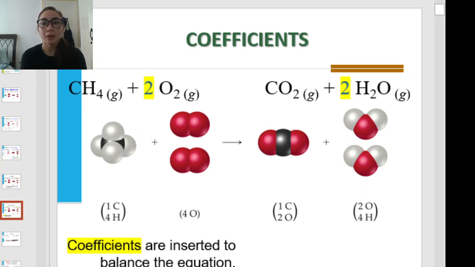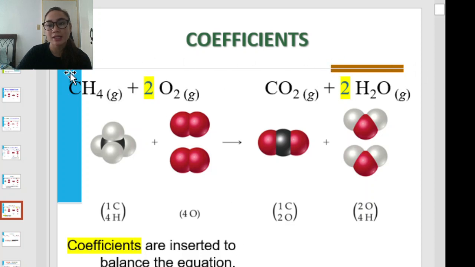Okay. Next part of the anatomy of the equation is the coefficients. Our coefficients are the ones in front of our compound. For example, here in CH4, we have an invisible 1. It is just not shown, but the 1 is there. So it automatically means it is only 1 molecule. Coefficients are inserted to balance the equation.